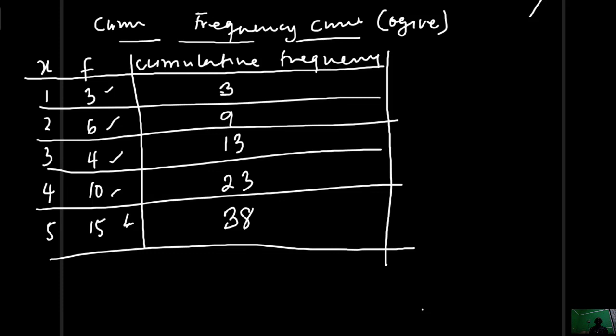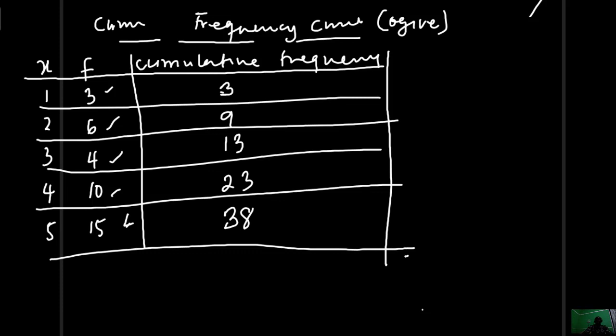So this will give us the cumulative frequency. This cumulative frequency table is the one that we are going to use to draw our cumulative frequency curve.